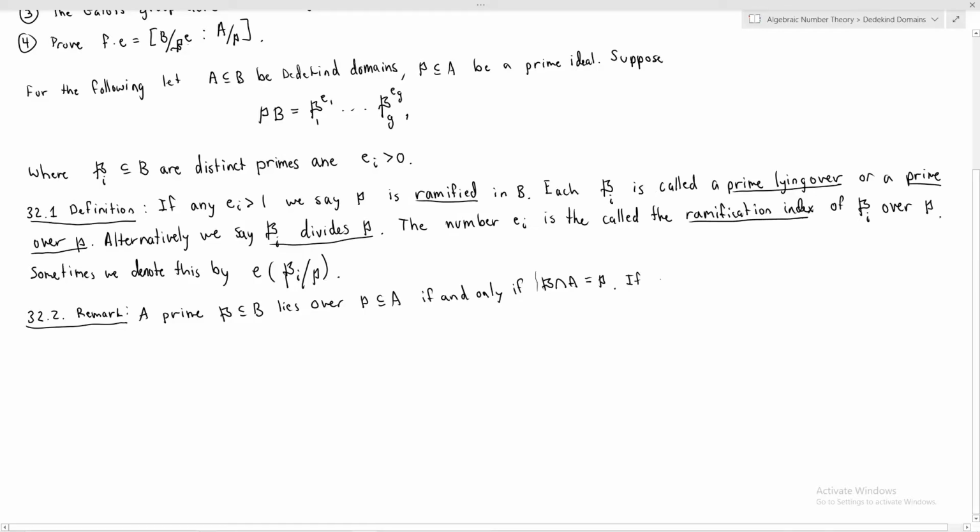If P divides p, that means that this is true, and you can quickly see that this contains little p.